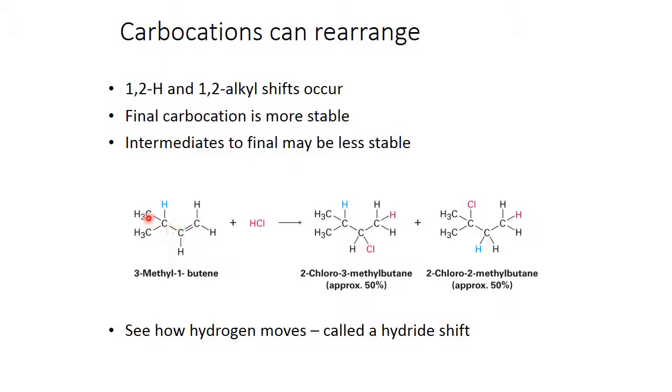If I look at this compound, when I add a hydrogen to this, or a proton, it adds right here, and that puts a carbocation here. What happens is, because a secondary carbocation is not as stable as a tertiary carbocation, the electrons in this carbon-hydrogen bond can actually walk over to here and leave a positive charge right here.